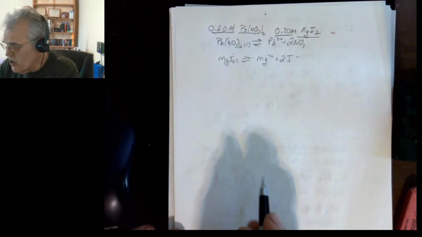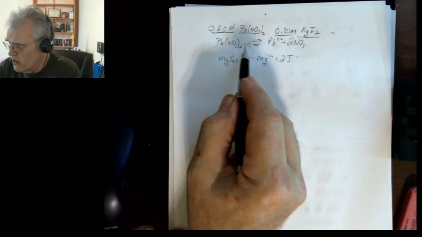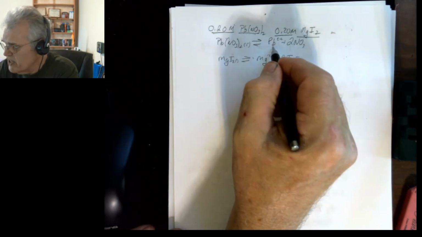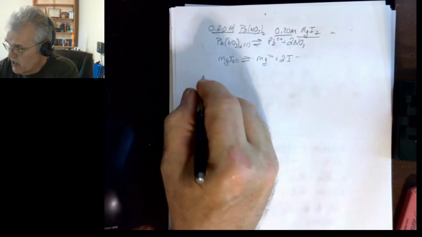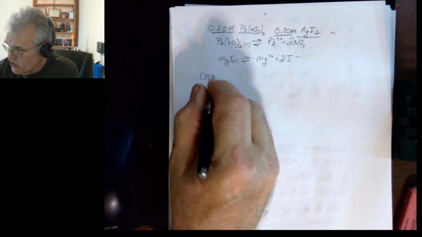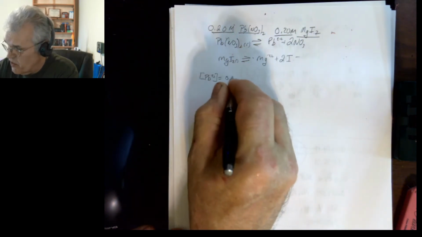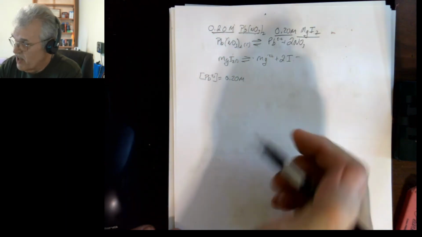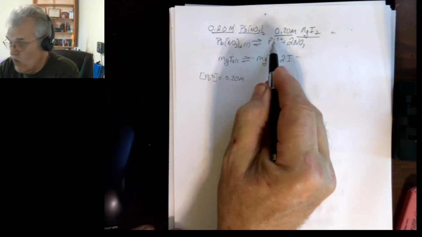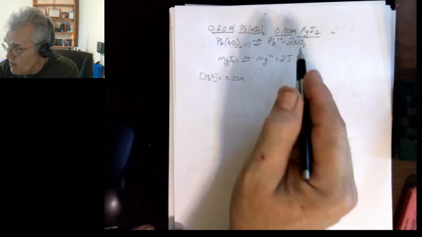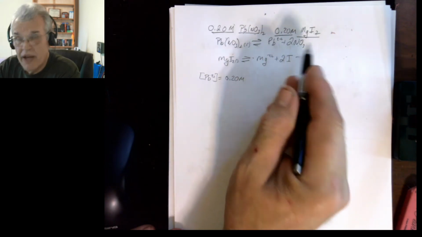Okay? So if it's 0.2 molar in this, what is the molarity of the lead? Our Pb2+ must be 0.20 molar. Why? Because for every mole of this that dissolves, 1 mole of this is formed. But what must be our concentration of nitrate?